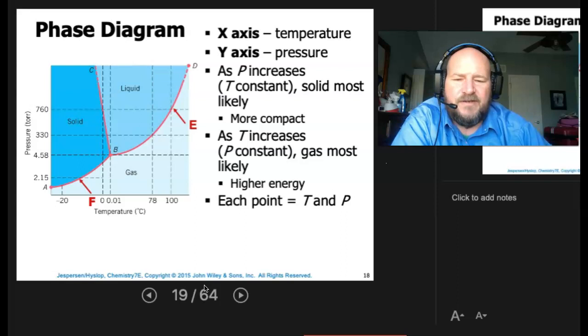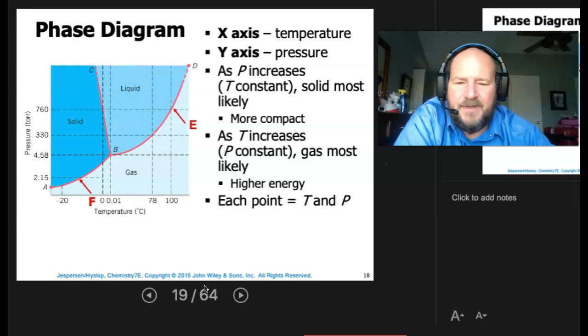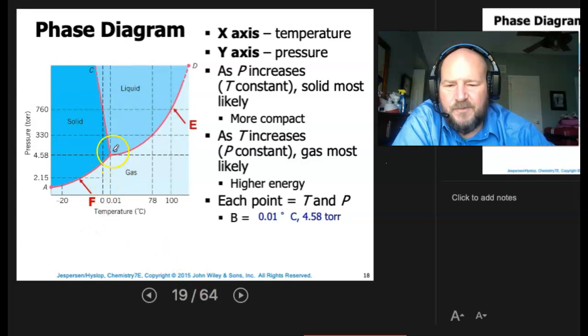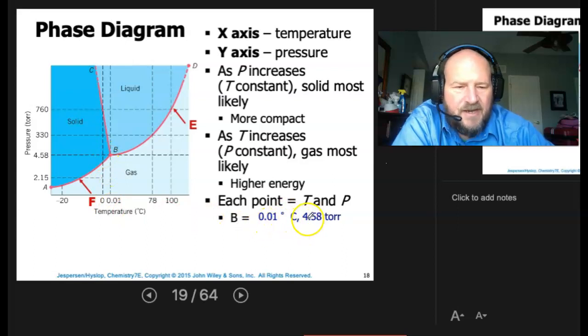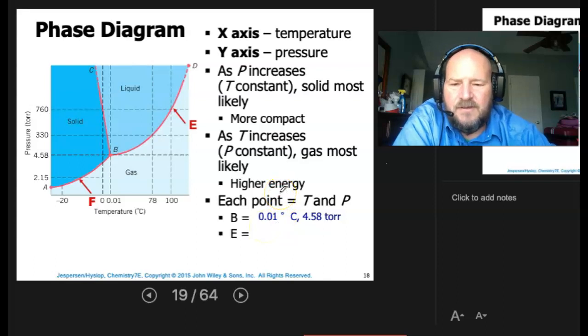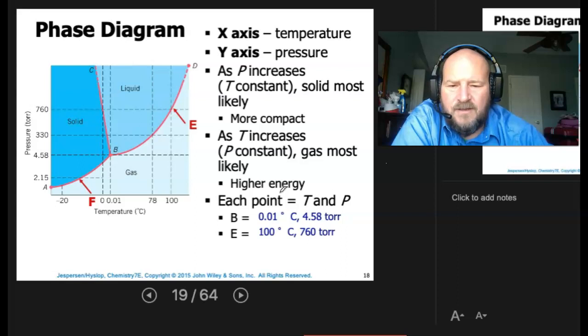Now, each point equals T and P, right? So in other words, here at point B, this is our triple point, and the triple point for this material is going to be 0.01 degrees C and 4.58 torr. At point E, we get 100 degrees C and 760 torr.